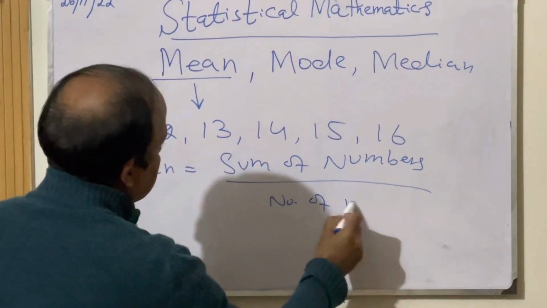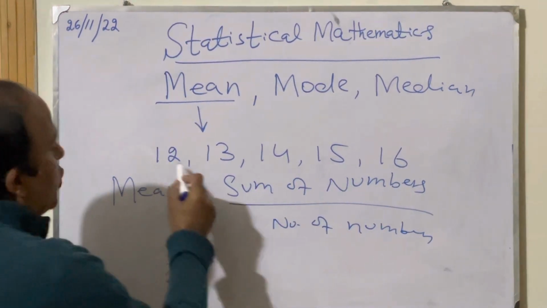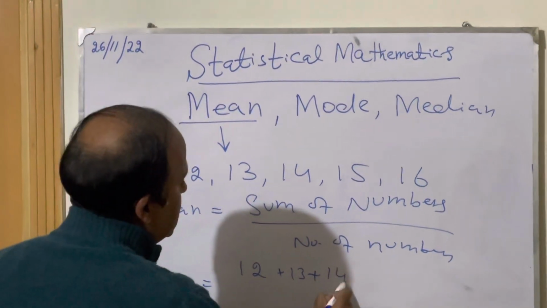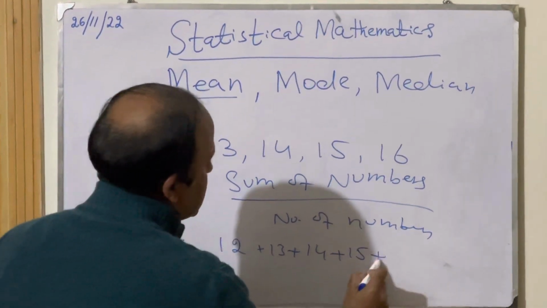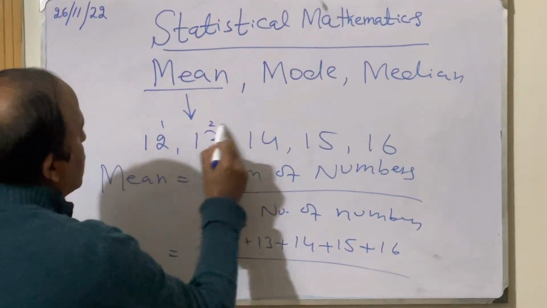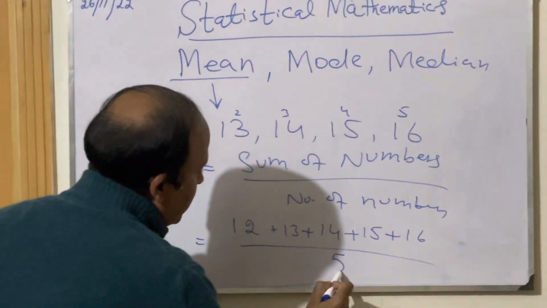How will I do it? Sum of numbers: 12 plus 13 plus 14 plus 15 and plus 16. And how many numbers are there? 1, 2, 3, 4 and 5. So I'm going to divide them by 5.